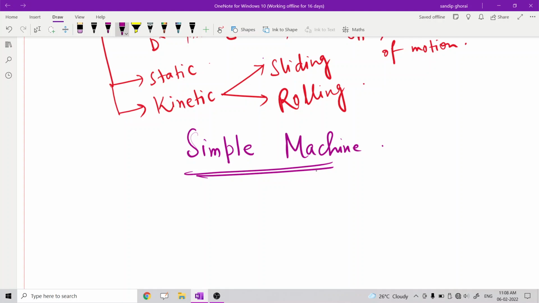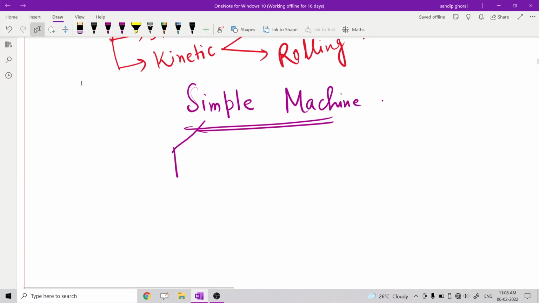But what is a simple machine, and what is a complex machine? Simple machines are the tools like a spoon, knives, hammers.